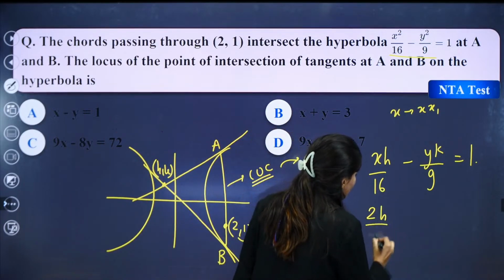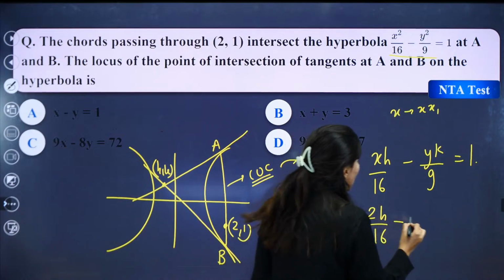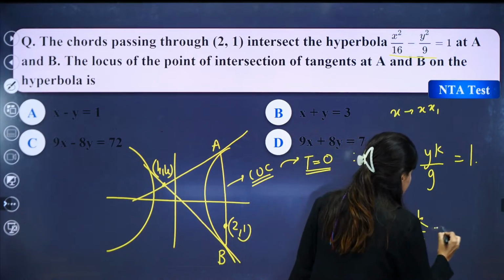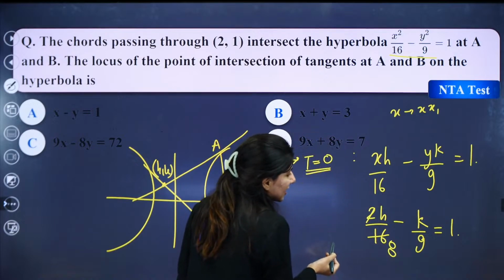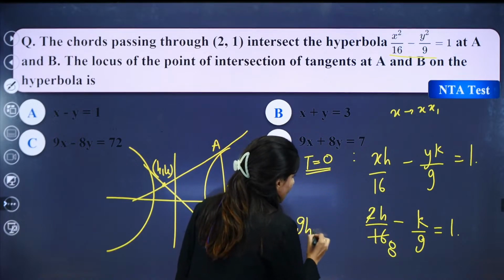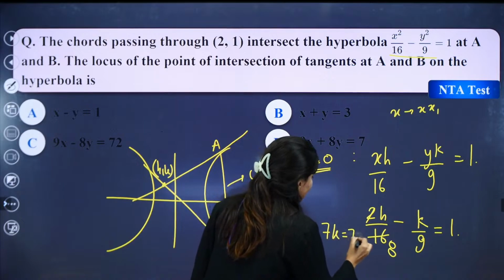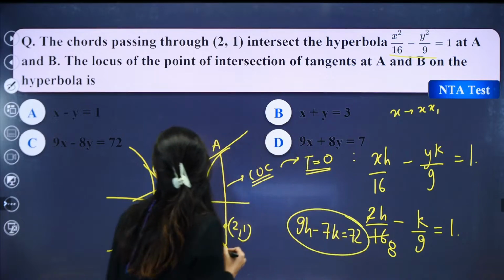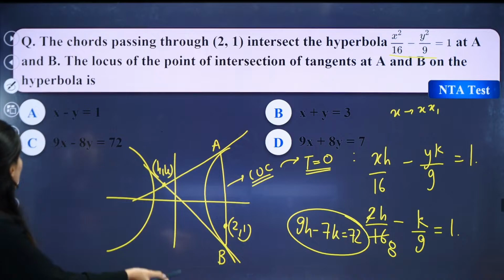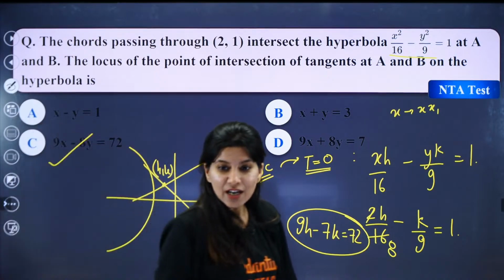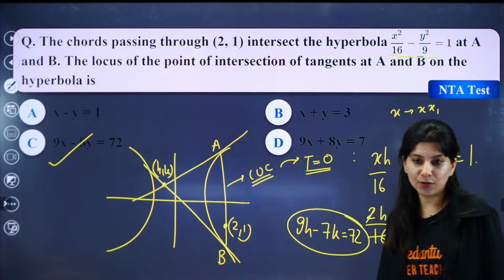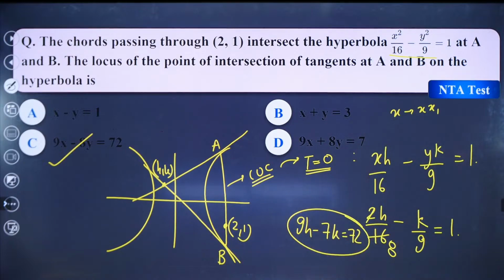So 2h upon 16 minus k upon 9 is equal to 1. 8 nines are 72, so 9h minus 72k... is equal to 72. This is your locus, and it matches option C. Can you see? Option C is absolutely right.